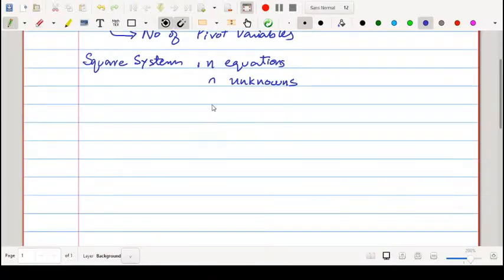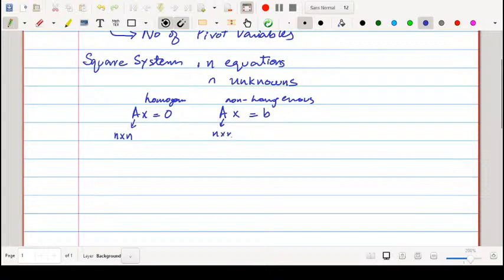Now, a square system gives rise to a matrix. For example, Ax equals 0 is a homogeneous system, and Ax equals b is a non-homogeneous system. A square system gives rise to a coefficient matrix that is itself square, which means this is an n by n matrix, and this is also an n by n matrix.